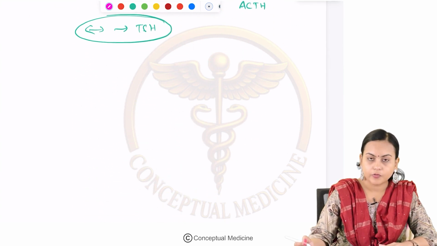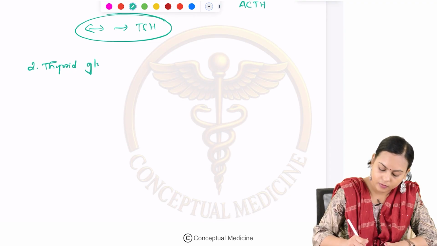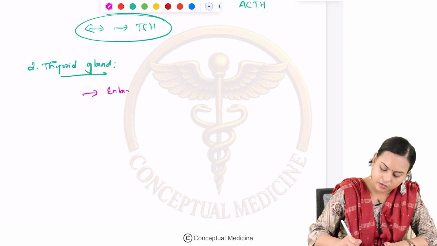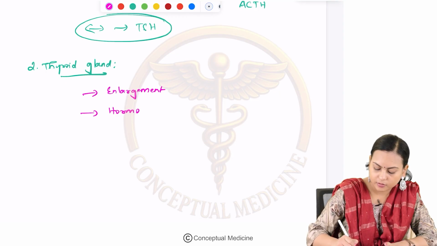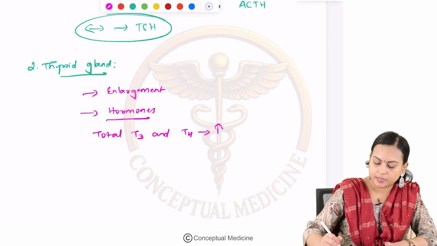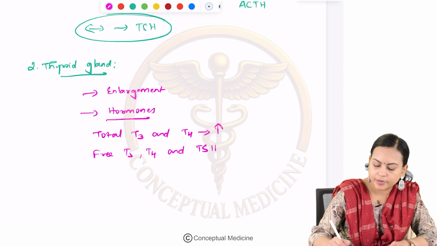Okay. Now we will see the next gland, thyroid gland. Thyroid gland goes for enlargement, and regarding the hormones, total T3 and T4 increases, whereas free T3, T4 and thyroid stimulating hormone levels are within normal limits.